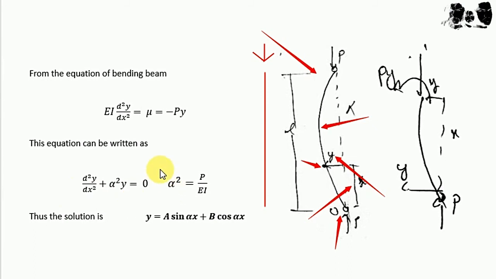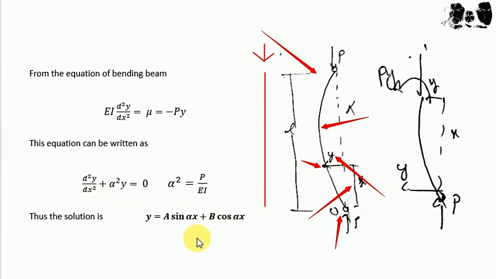So we already have the solution for this kind of equation, which is here. Thus the solution is y is equal to a sin alpha x plus b cos alpha x, where alpha is as it states here, x we already know, and a and b are constants.